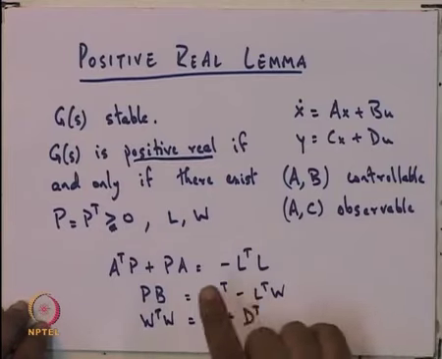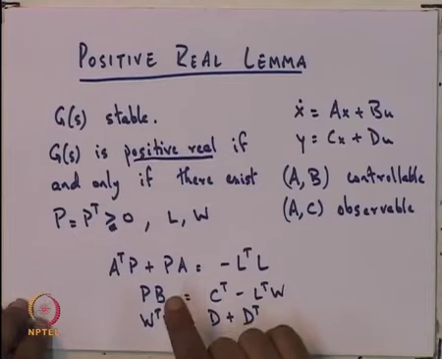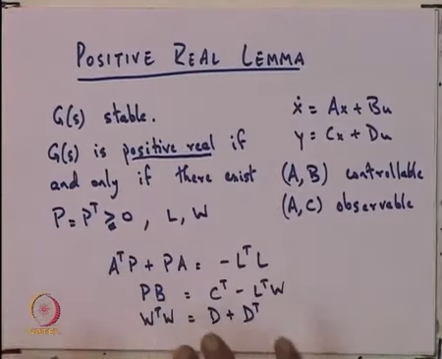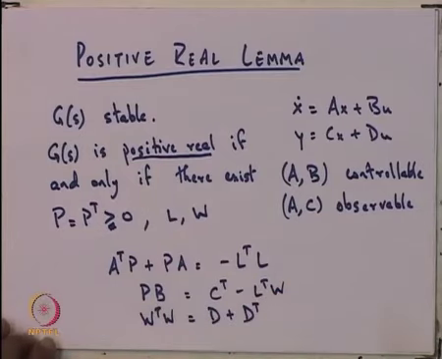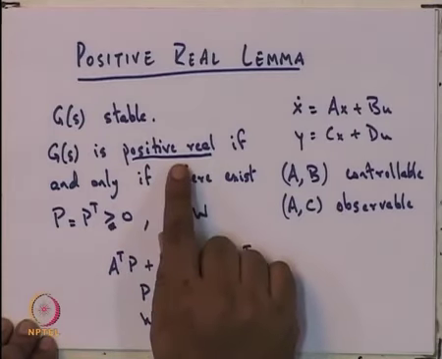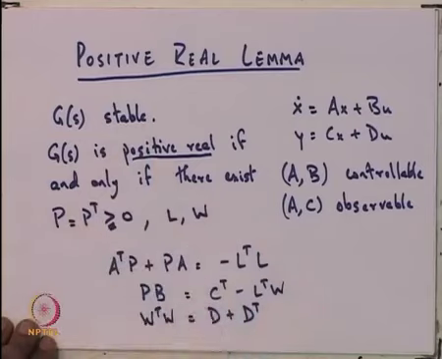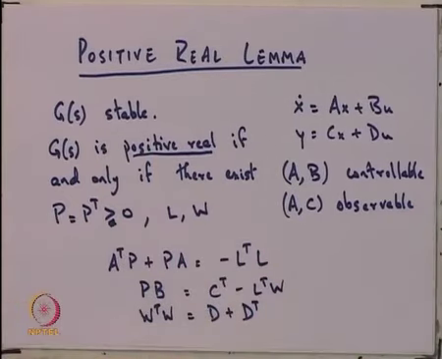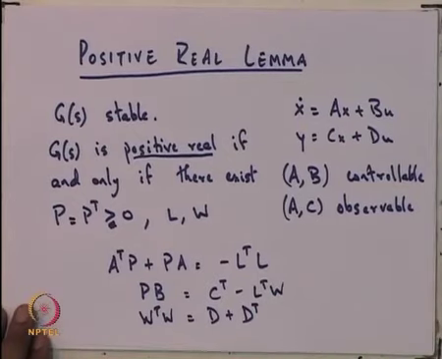I had also said that this definition of positive real may not necessarily be the definition that you see in all the books. Often the definition of positive real includes the fact that it is already stable and so on, but what those intricacies are, I will come to a bit later, and I will explain why.